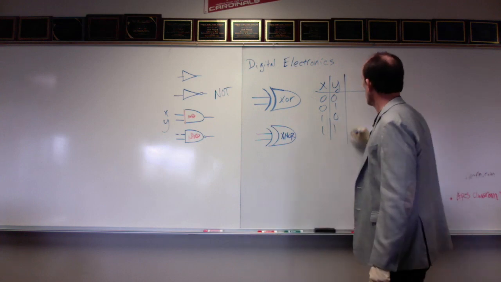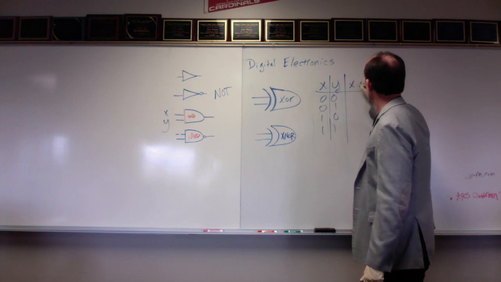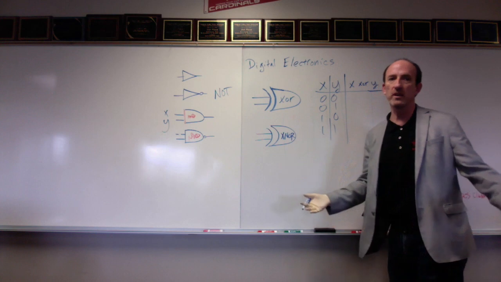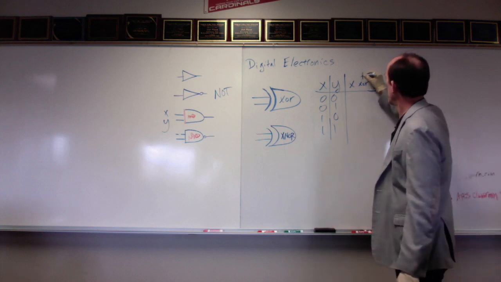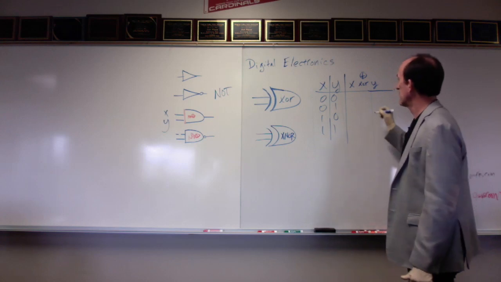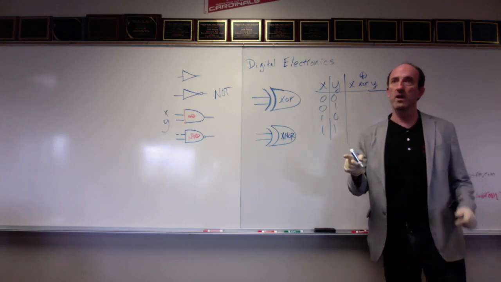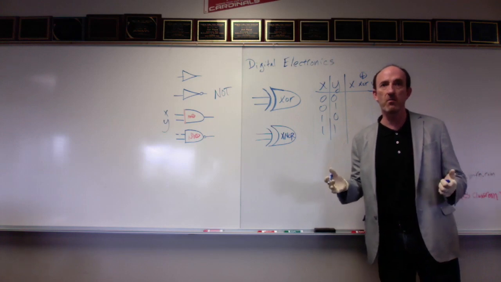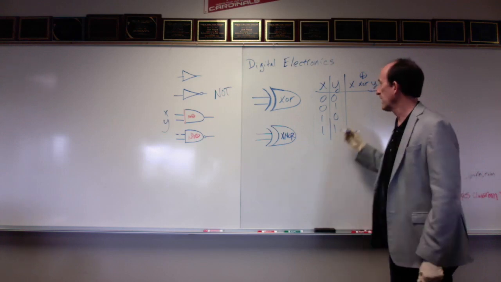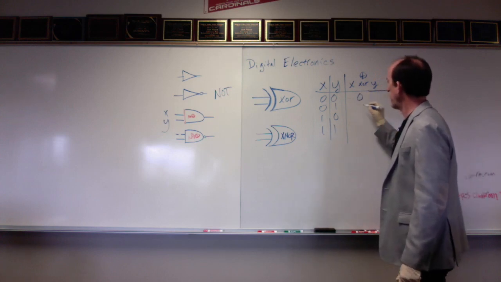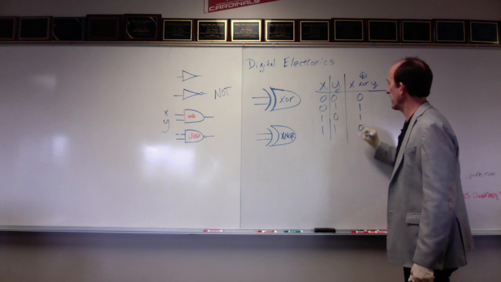Then X XOR Y, or A XOR B, is going to be true whenever the inputs are opposite. Whenever the inputs are the same, it's false. We already know that. So this one's false, true, true, false.